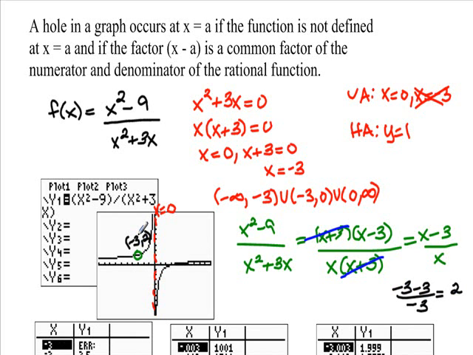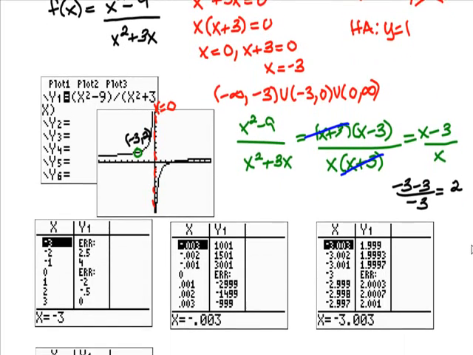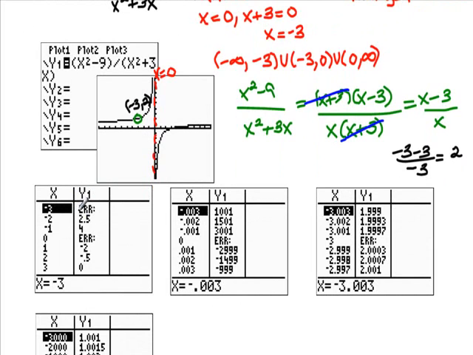So there's really no way to do that except for the fact that we can investigate it further by looking at the table. So let me show you at the table. If we enter that function like I talked about, notice at negative 3 and 0 we have an error. So that means the function is not defined there. So we're either going to have a vertical asymptote or a hole. Well, how do we know which one we have? Well, you could certainly examine the graph for the vertical asymptote, but another way to do it, remember, a vertical asymptote is defined by what happens to the y values as x is approaching that value at the vertical asymptote.